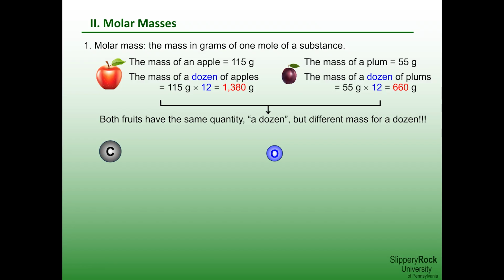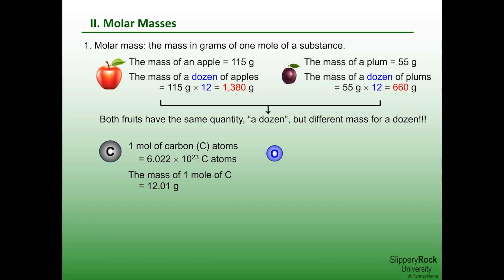For example, 1 mole of carbon atoms contains 6.022 times 10 to the 23rd carbon atoms. The mass of 1 mole of carbon is 12.01 grams. We can also say the molar mass of carbon is 12.01 grams per mole.